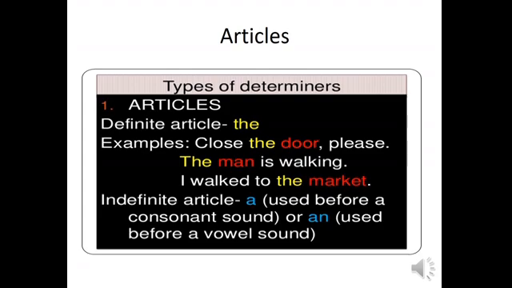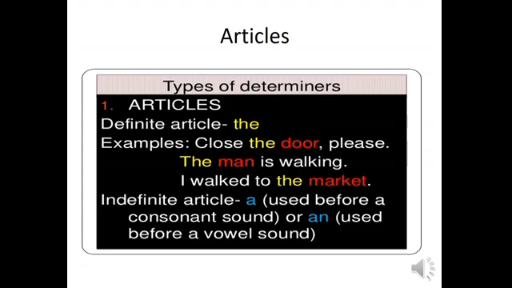You can see the yellow lettered the used in each of the 3 sentences given here, and how the makes it particular, giving information about one particular door, man or market. Close the door please. The man is walking. I walk to the market.